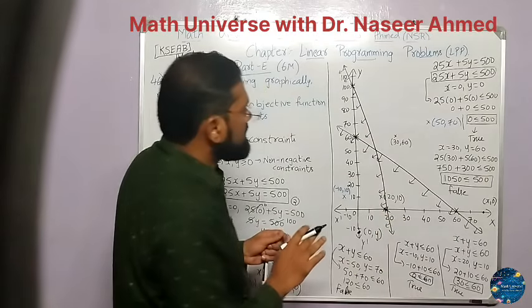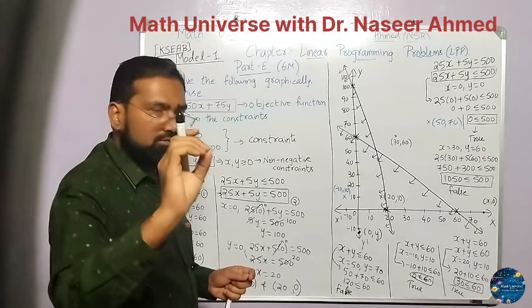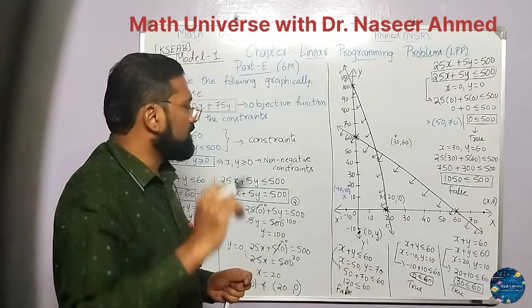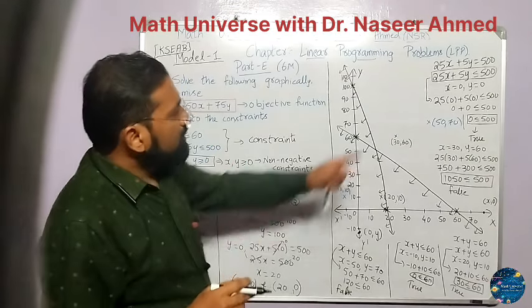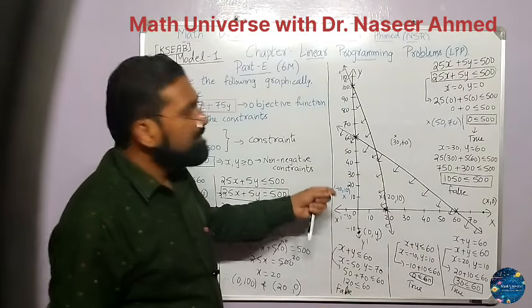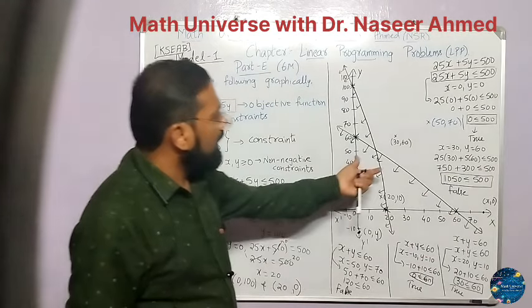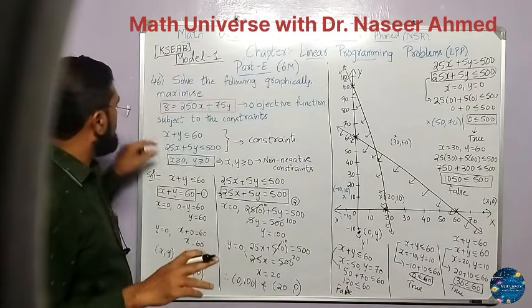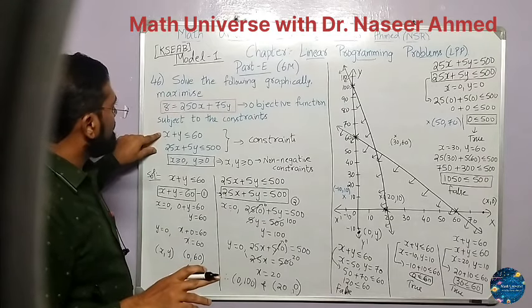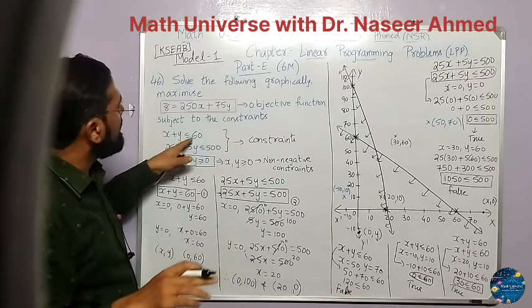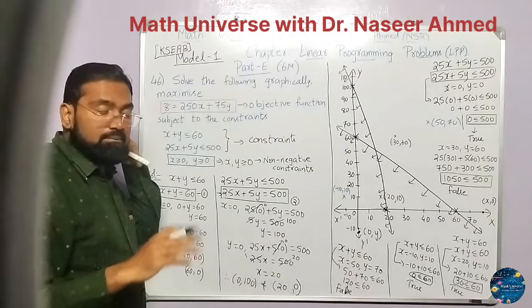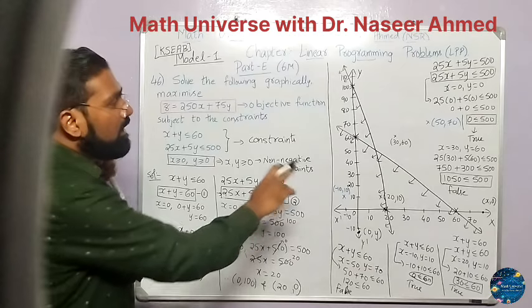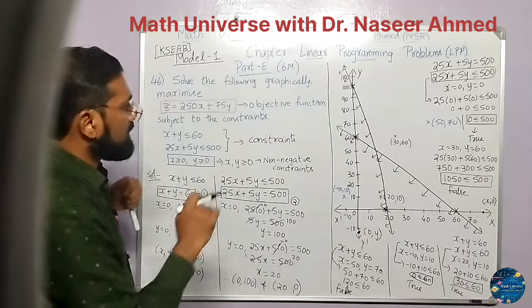Now I just want to put one point across to you. Without solving this also, you can judge which side of the line will have the solution region. But for that, the x and y multiples on the left hand side should be positive, and the right hand side constant should be positive. But for the PU board, as per the scheme, we have to work it out for the marks.